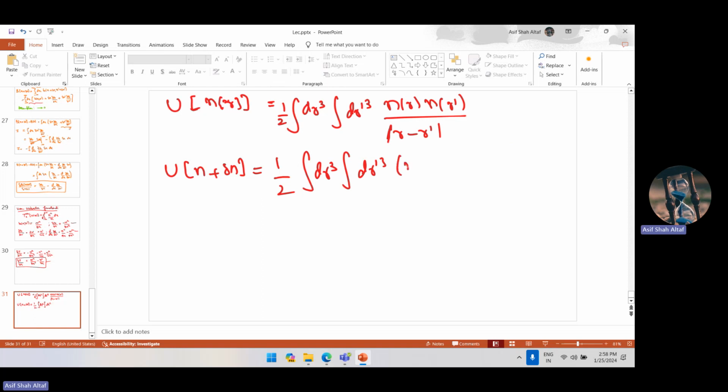Which will give you n plus delta n and n dash plus delta n dash. Please note n dash in this case is not the derivative, but it just represents the variable r dash, r minus r dash.